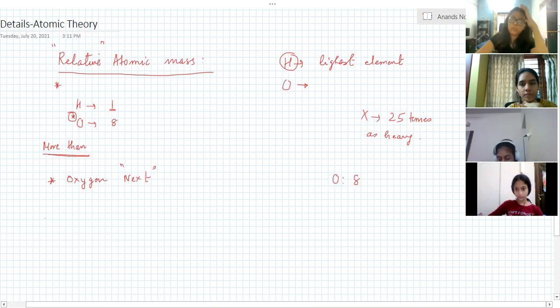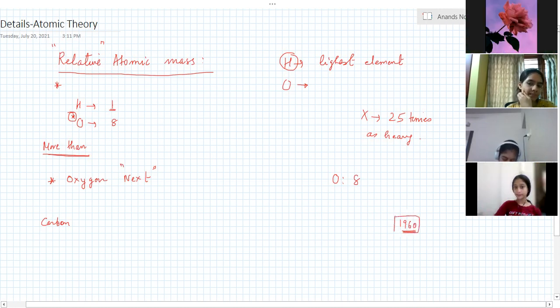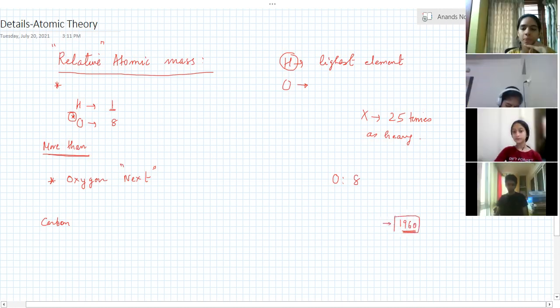Then they decided on carbon. This was in the mid 20th century, I think around 1960 or 1956, I'm not very sure. They decided carbon isotope 12 was the best and should be the standard.